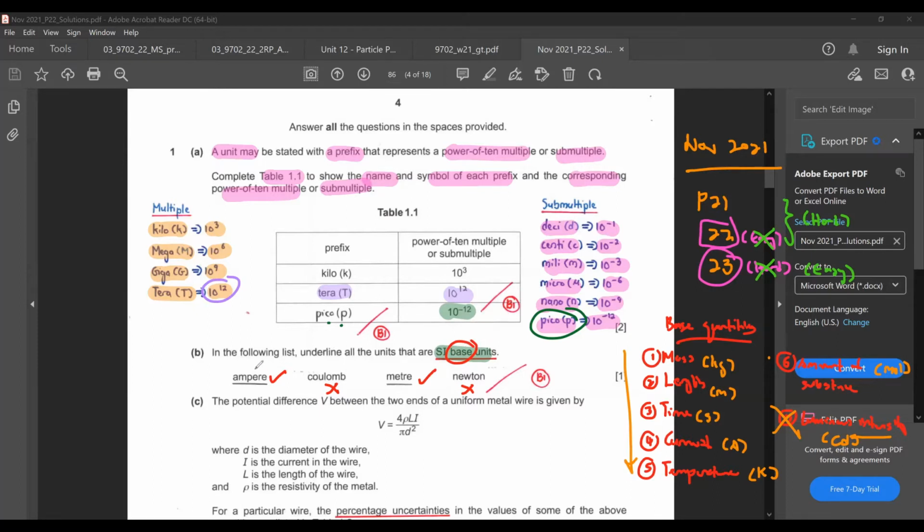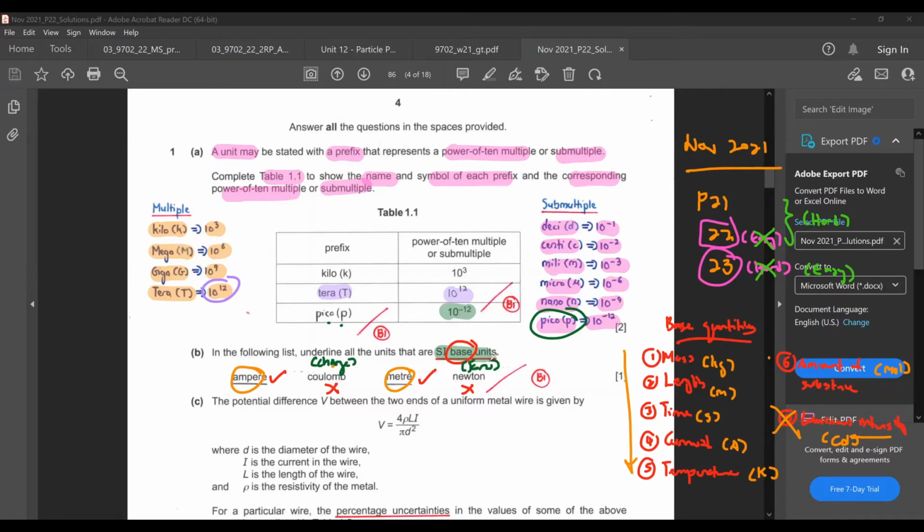Okay, right, so the SI base units are the units of your base quantities. So from here, we know we have ampere, we have meter. Coulomb and newton are not in. Coulomb is for the quantity of charge, whereas newton is for the quantity of force.